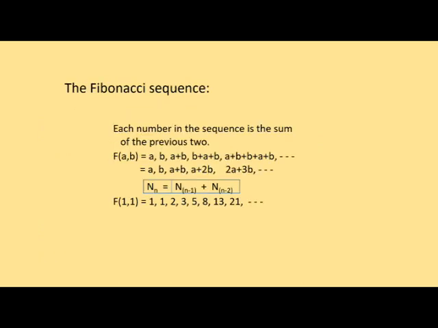In a Fibonacci series or Fibonacci sequence, each member of the sequence is the sum of the previous 2. In other words, if you started with 2 numbers A and B, the first 2 members would be A and B. The third member would be the sum of the first 2, A plus B. And the next member will be the sum of the previous 2, B plus A plus B, and so on and so on.